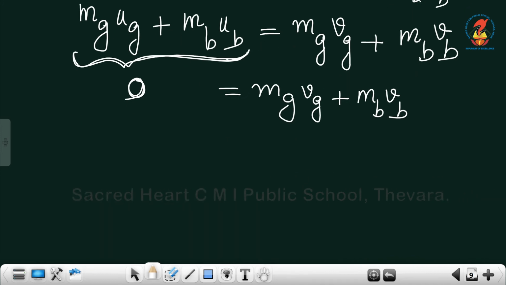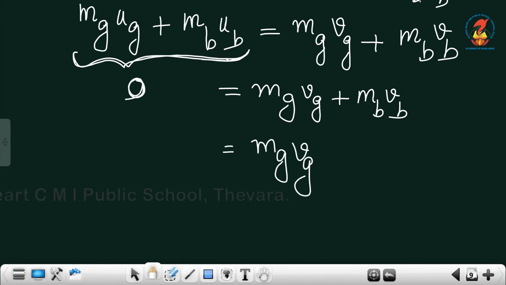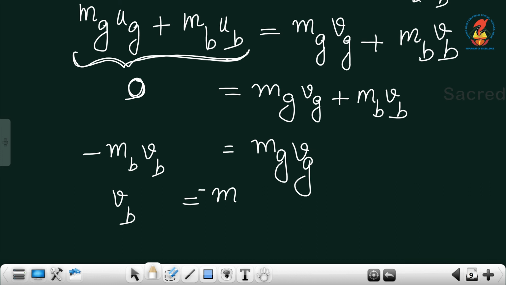Now we take this MBVB to the other side. It was plus, so when it moves to the other side, it becomes minus MBVB. That is, MBVB is equal to minus MGVG. Now we take MB to the other side.